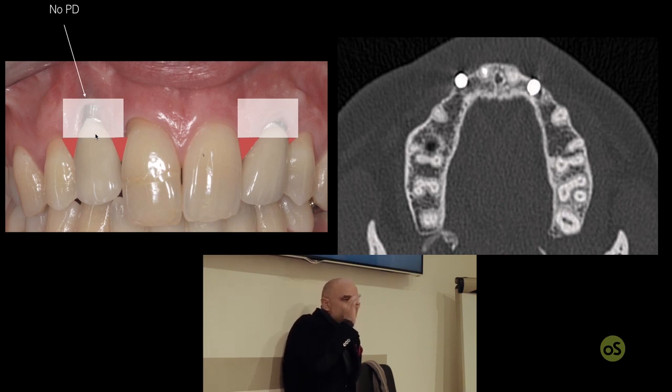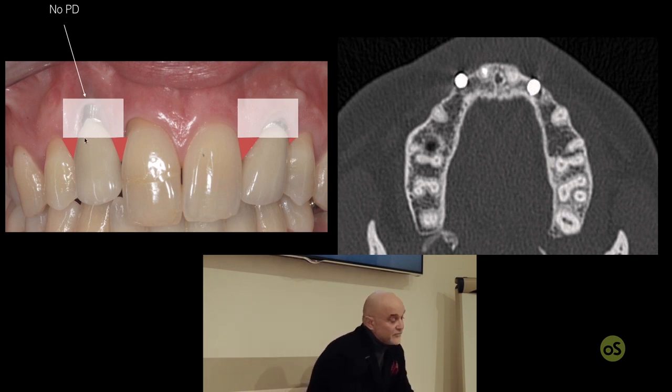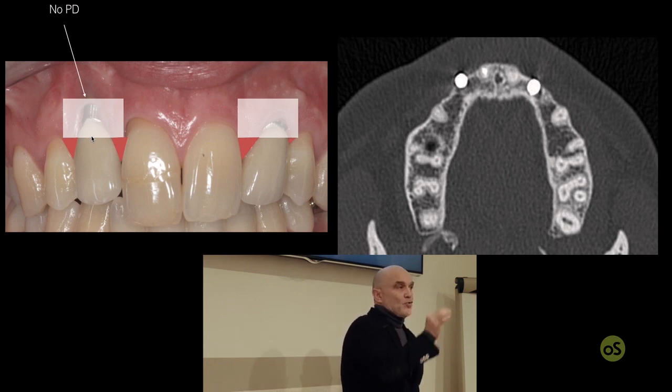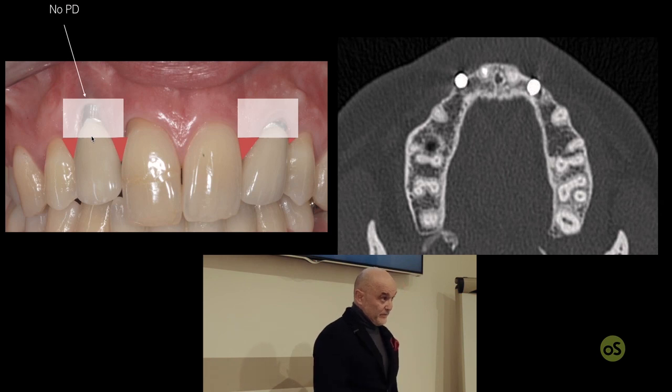Just a bit more coronal, to compensate shrinkage, with respect to the ideal position of the soft tissue margin. So if this is a lateral incisor, I want to know where the position of the soft tissue margin of the lateral incisor should be, and the connective tissue graft should be placed 1 millimeter more coronal. So by definition, rule of thumb, the connective tissue graft should be applied 1 millimeter more coronal with respect to the ideal position of the implant-supported crown.